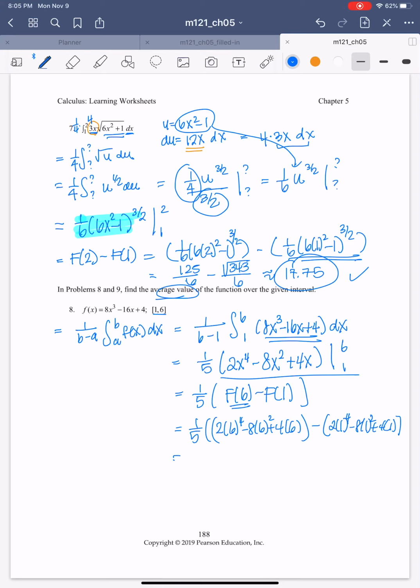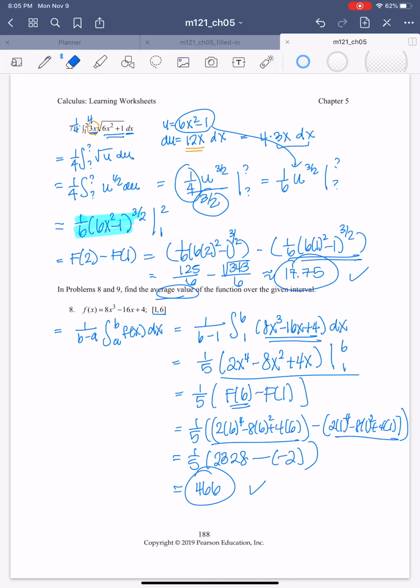And then 1 over 5. This part over here is 2,328. If you simplify, I got negative 2. Negative with the negative makes positive. Divide by 5. Final answer, I'm getting 466.